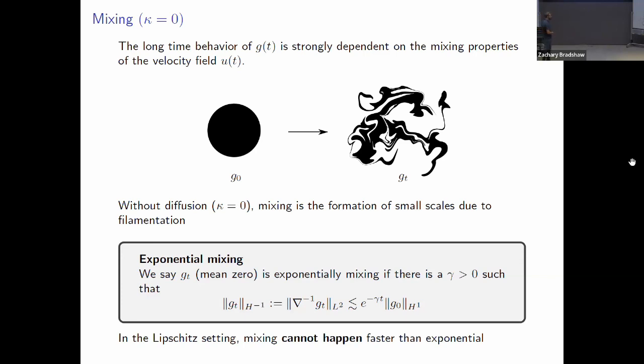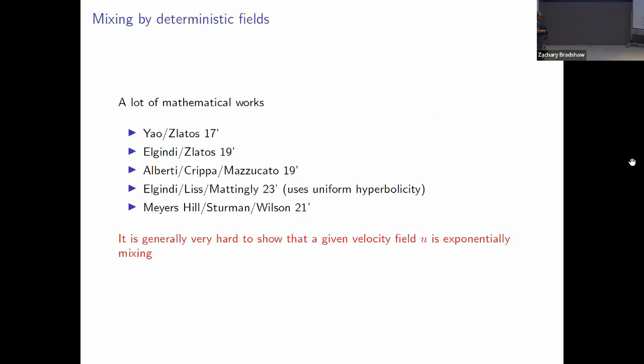In fact, it's a little bit more general than that, with Sobolev spaces for p bigger than 1. There's been a lot of work, and I'm not even covering all the things here, as we discussed quite a bit. There's been a lot of work studying mixing by given velocity fields or constructing velocity fields that mix in a particular way.